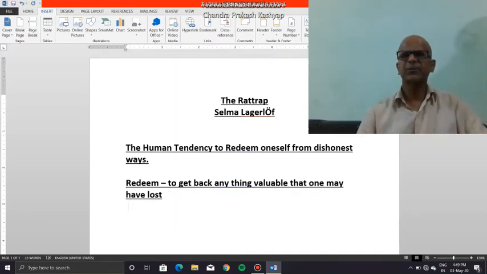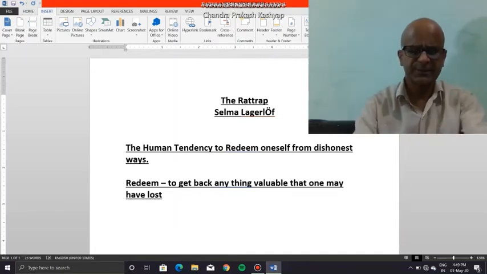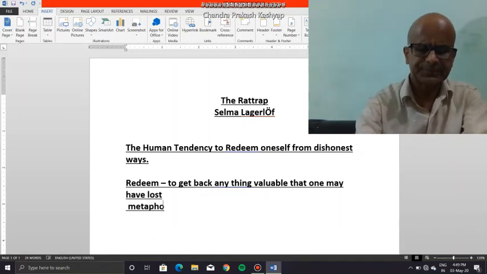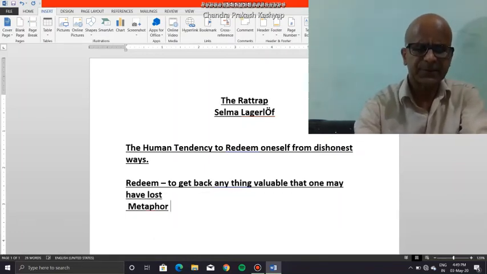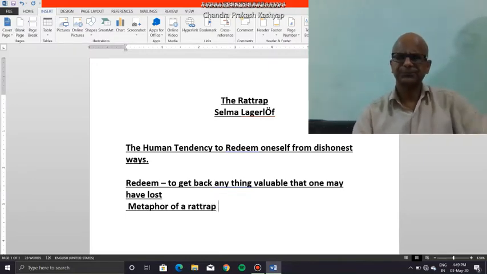And Selma Lagerlöf uses the metaphor of a rat trap to explain this.